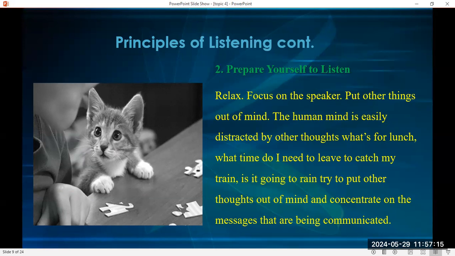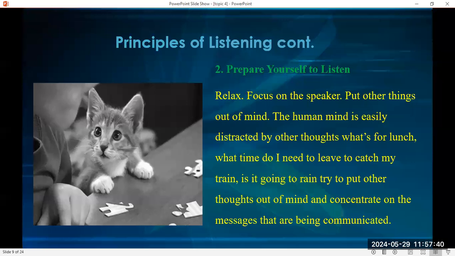Nonverbal cues are like nodding your head, shaking your head. Somebody is telling you, imagine a whole me being told to sit on the floor, and you can show with your facial expression, what do you mean? See, relax, focus on the speaker, put other things out of mind.